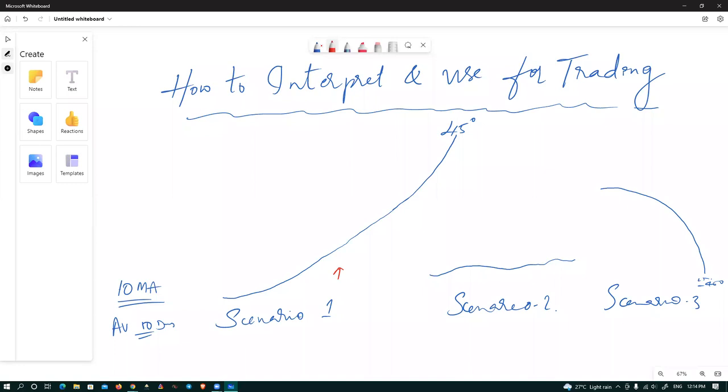Yes, the average is going upside in the sense every day price is increasing. Definitely, if the price is increasing, price should be above the moving average only. Every day price is increasing in the sense it is a strong uptrend.